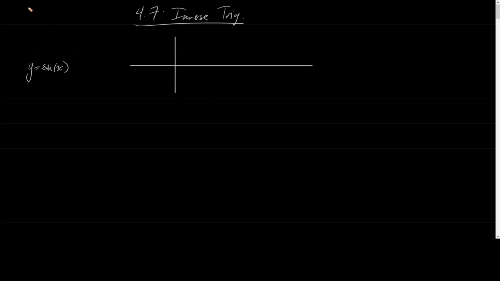It is a wave that starts at 0, goes up and down in both directions forever and ever, right? Now, the thing about this function is that it fails something called the horizontal line test, all right?